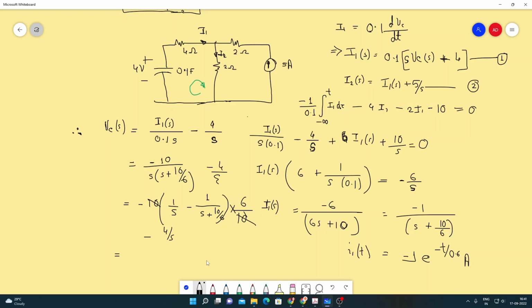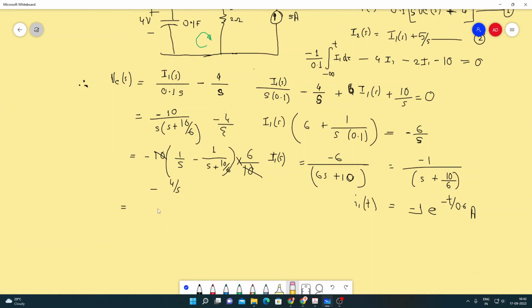Now to calculate the value, we have now ten by s minus 6 by s plus 10 by 6.